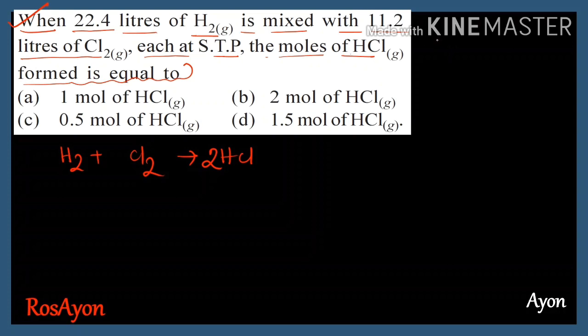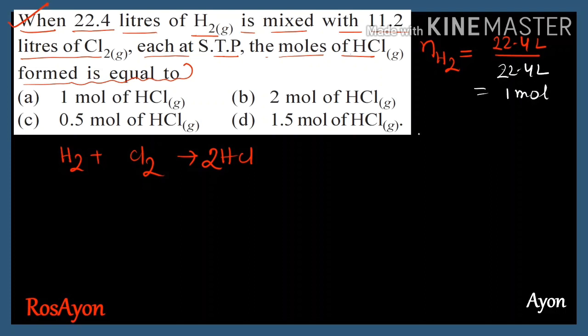To determine this, you have to determine the ratio of number of mole divided by stoichiometric coefficient. First, number of mole of hydrogen is equal to 22.4 liter divided by 22.4 liter, that is equal to 1 mole.